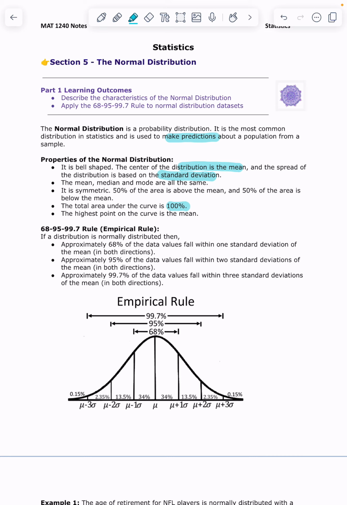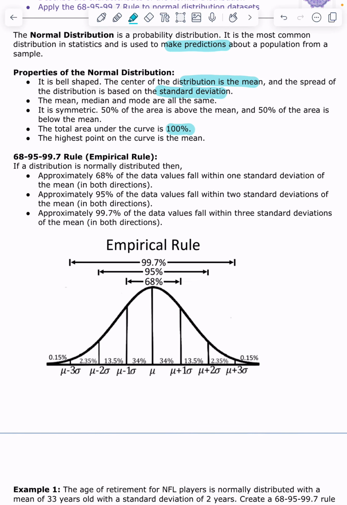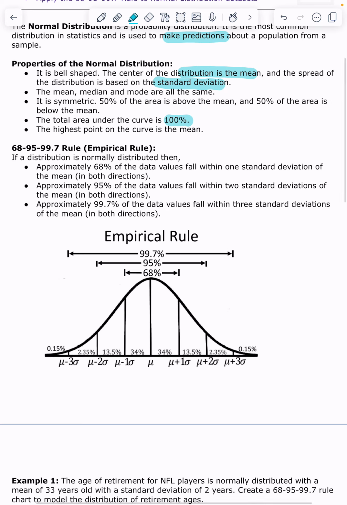So the empirical rule is a way of distributing the data. It doesn't cover everything, but a lot of questions can be covered by using the empirical rule. So there's a nice picture of what's going on with the empirical rule. I'm going to use some highlighters and some colors here.